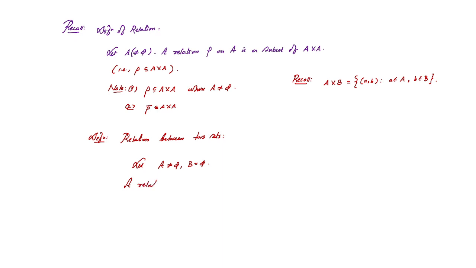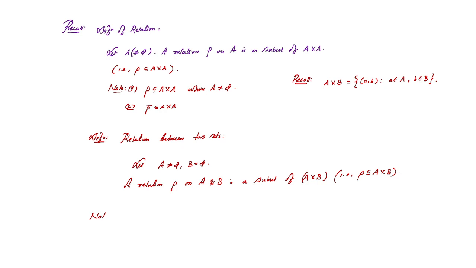Our relation rho on A and B is also a subset of A Cartesian product B. Or you can say rho is a relation between A and B. It is a subset of A cross B.